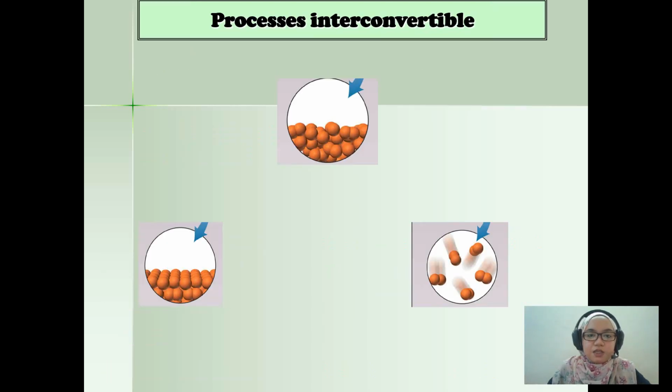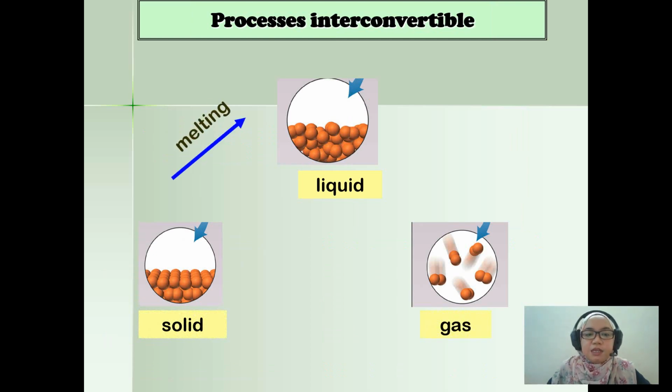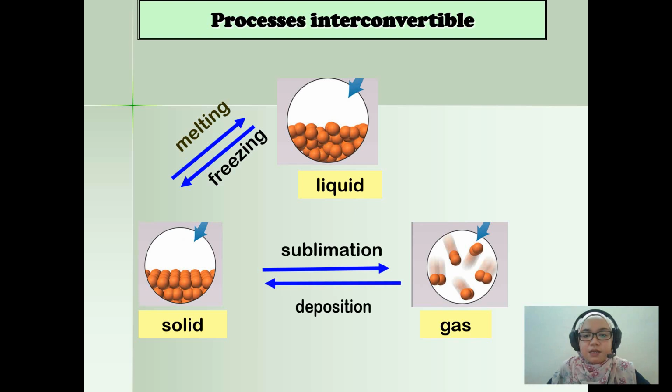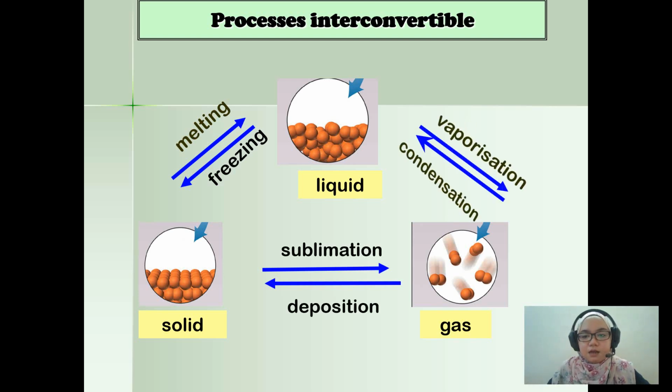Okay, so now we are going to look at the processes interconvertible between the three phases, which is between solid to liquid, solid to gas, and liquid to gas. If we look at this one, we can see that from solid to liquid, it can undergo the melting process.